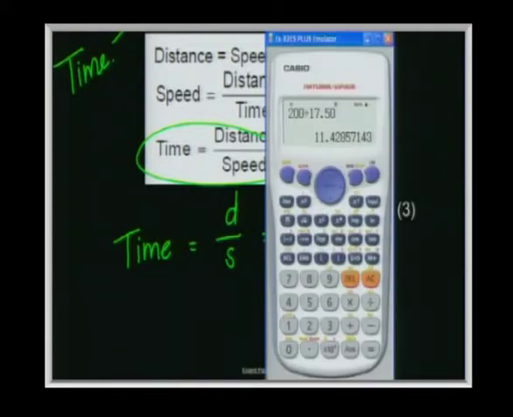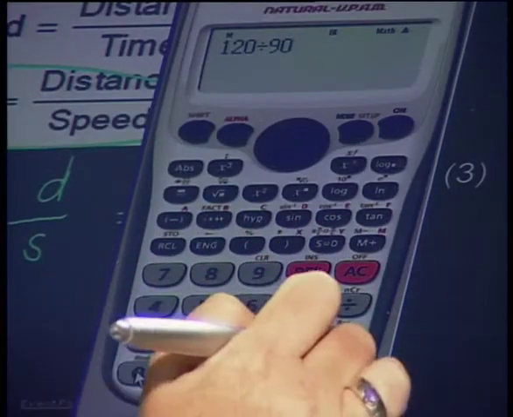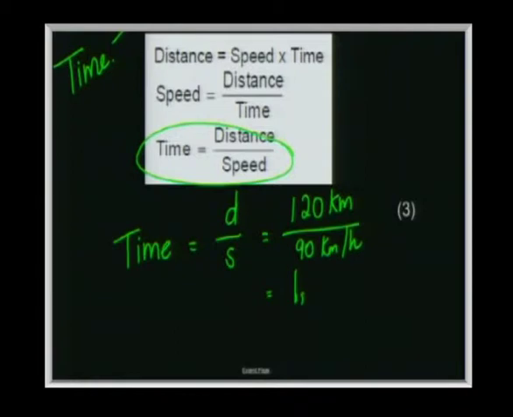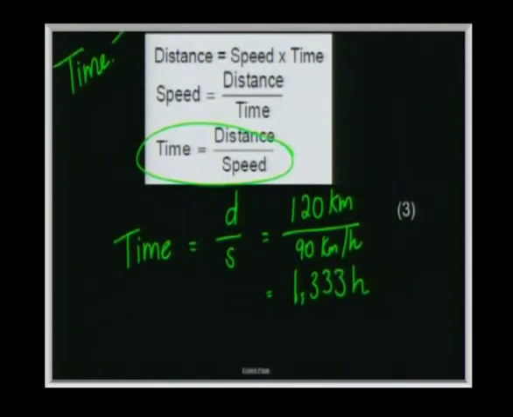On my calculator, 120 divided by 90 is equal to 4/3, which is 1.333. And they've told me to round it to one decimal place. So it should really be 1.3 hours.